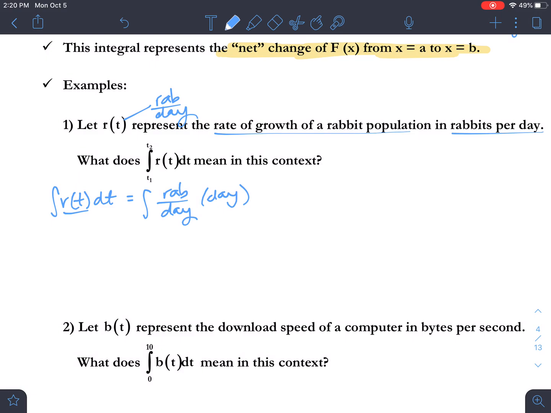So rabbits per day times days, well, these would just cancel, and I would end up with number of rabbits. So think of it this way, guys. It's the net change in the population of the rabbits. There was a rate of growth in rabbits per day. If I'm talking about this integral of r of t, I'm talking about how much the rabbit population changed from t1 to t2, whatever those times are.